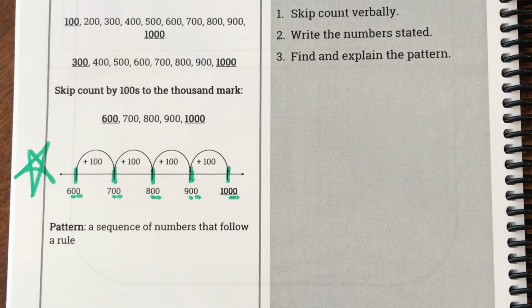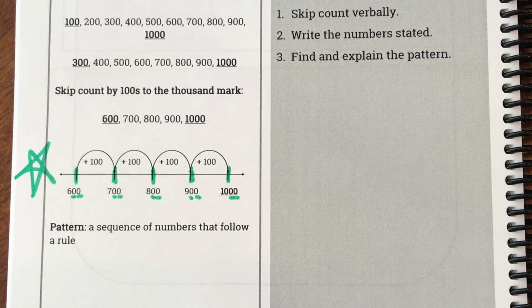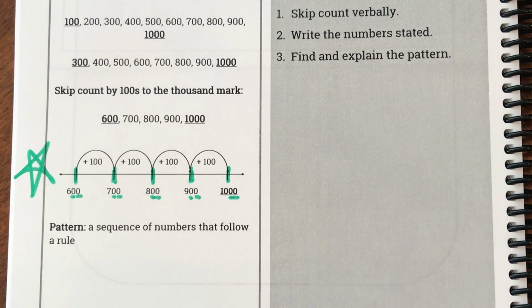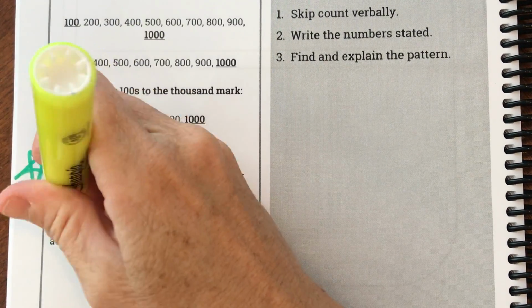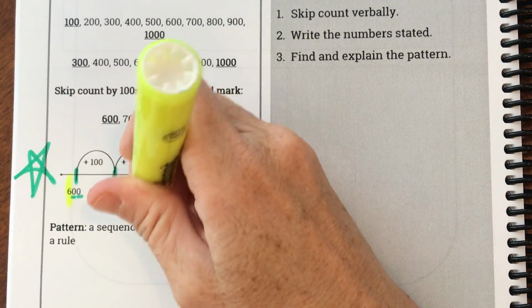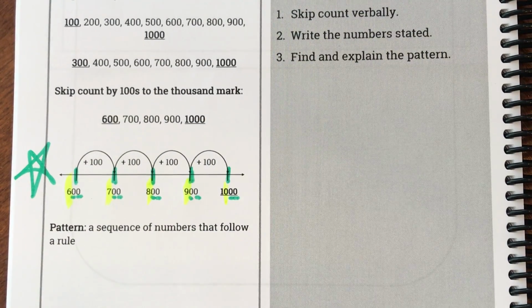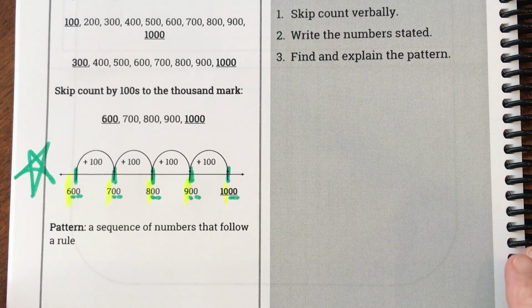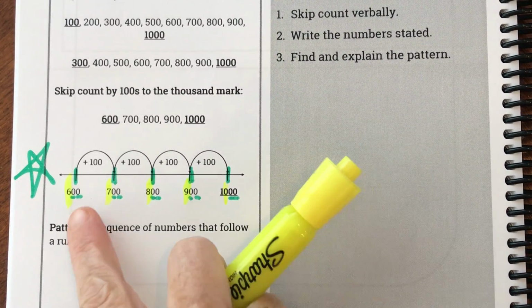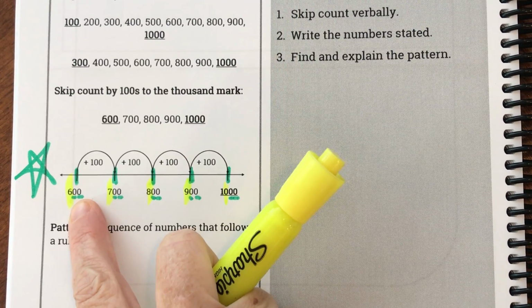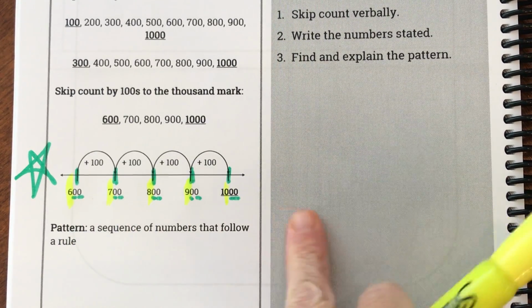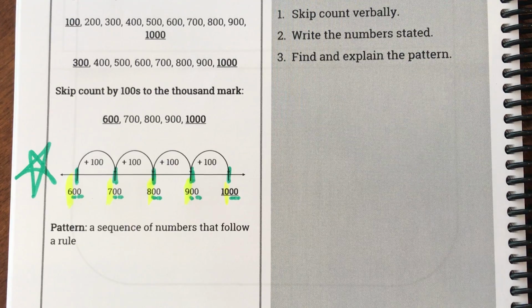So we have all zeros in our ones place and in our tens place. Let's look at our hundreds place. We have a 6, a 7, an 8, a 9, and then a 0. That was kind of like our pattern last time, but it was in our tens place. So this time we have zeros in the ones, zeros in the tens, and then it's our hundreds place value that's going to be counting up.